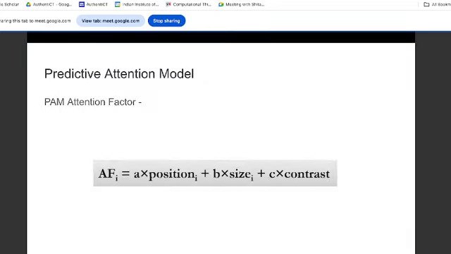Next we go to the predictive attention model. This is an example of a predictive attention model, the PAM attention factor. What is the attention factor?